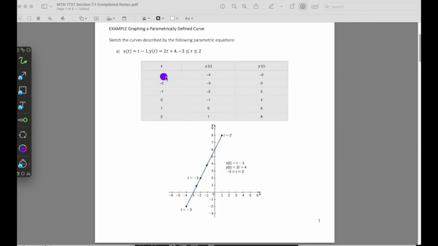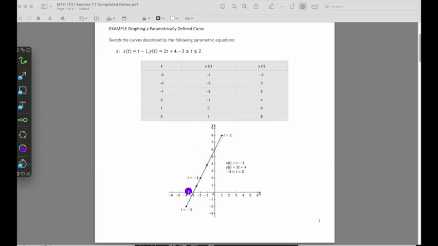So when t is -3, we have the point -4, -2. On the graph, I'm going to plot the point -4, -2. So that's right here when t is equal to -3. Then our next point would be -3, 0, so that would be here. Then our next point is -2, 2, so that would be here. And as I plot the points, I get this line.